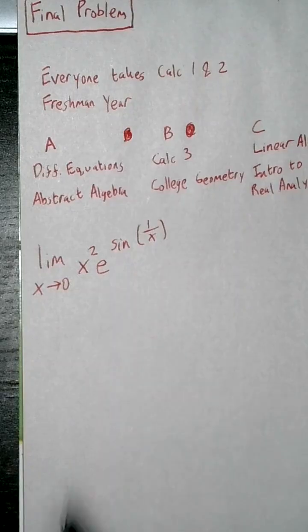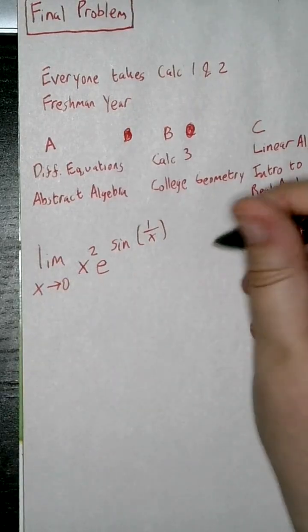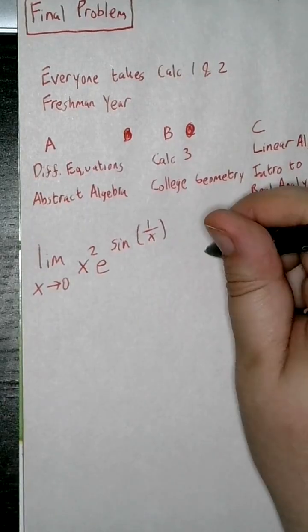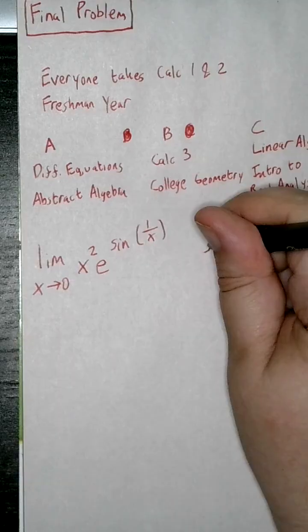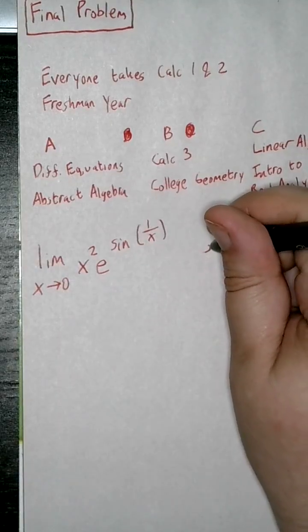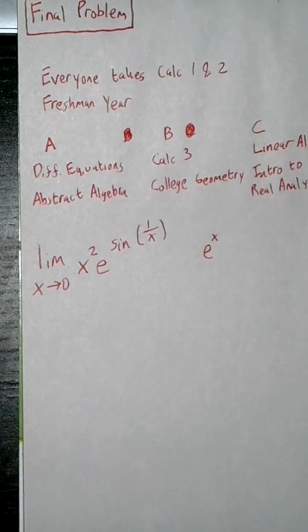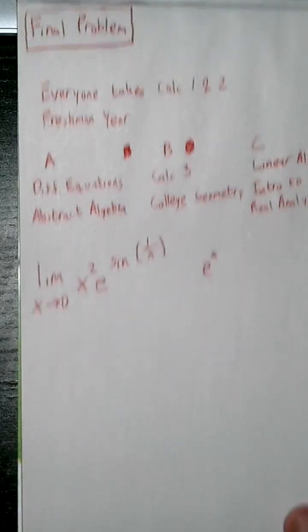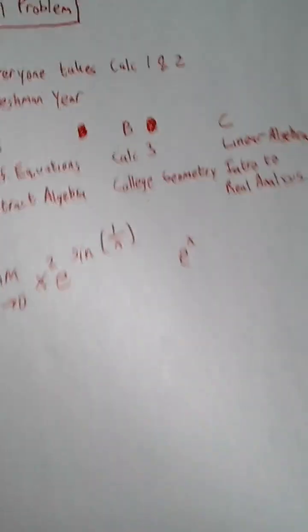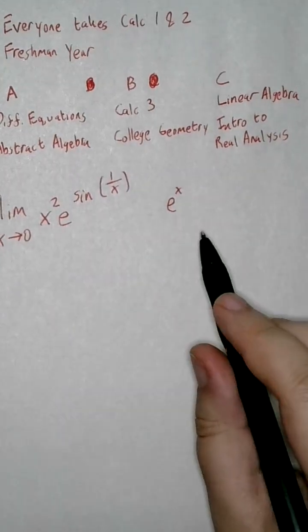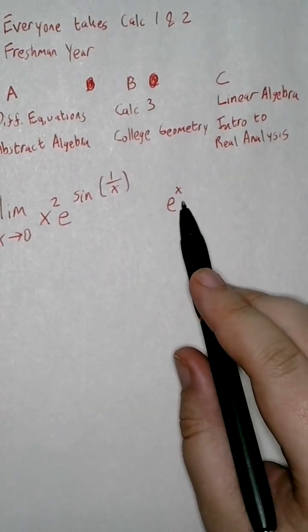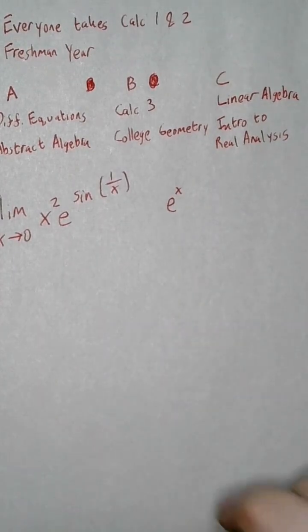E to the x, is that bounded or unbounded? What do I mean by bounded? What I mean by bounded is, is there a maximum value that this can have and a minimum value that this can have?